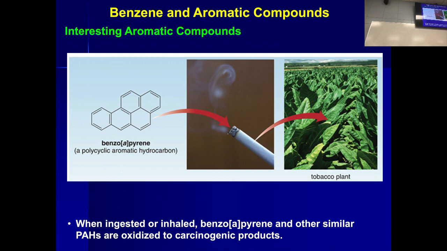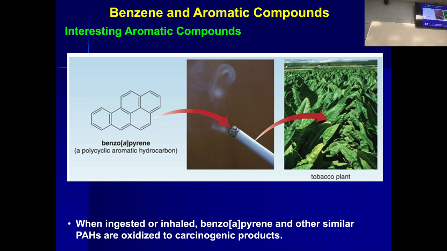Okay? Let's look at a couple of interesting aromatic compounds. So here's one called benzo-a-pyrene. Don't worry about how you get the name for that. But what do you see when you look at that? Does that look like benzene? The whole molecule doesn't, but it looks like there's several benzenes connected together, doesn't it? In fact, that's essentially what you have.